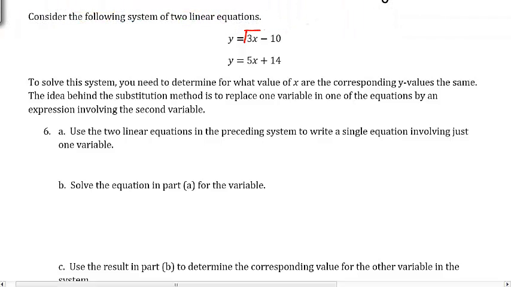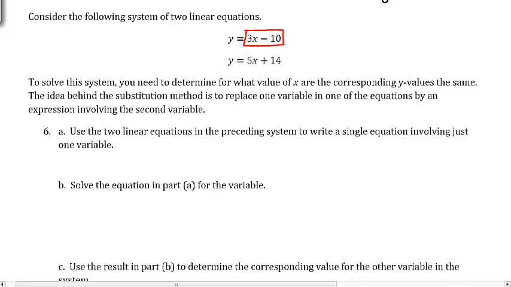I'm just going to put a rectangle around the right side of this first equation. This first equation says y equals 3x minus 10. The second equation says y equals 5x plus 14, and we want to find some value of x and some value of y that will satisfy both of these equations.